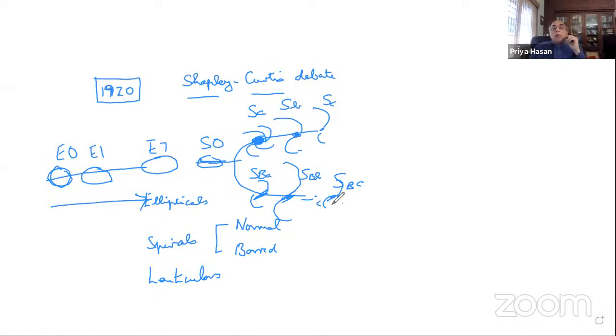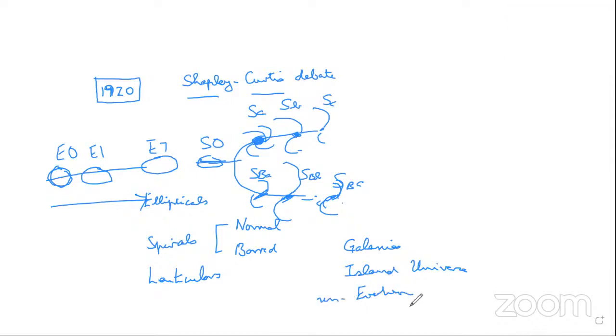But the important thing which initially people thought was that these galaxies are very far from each other, and there was this island universe concept. They were island universes, and they were basically unevolving. They were not evolving, right?